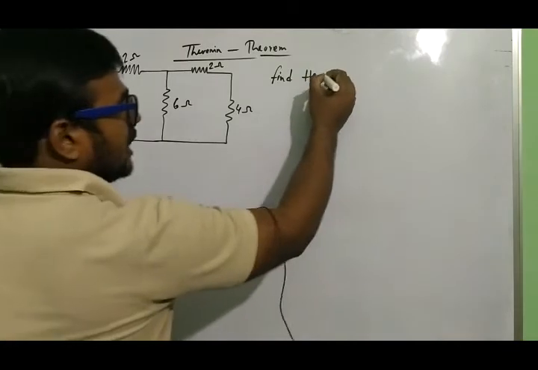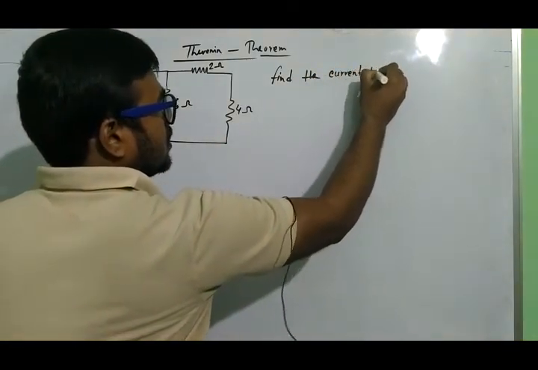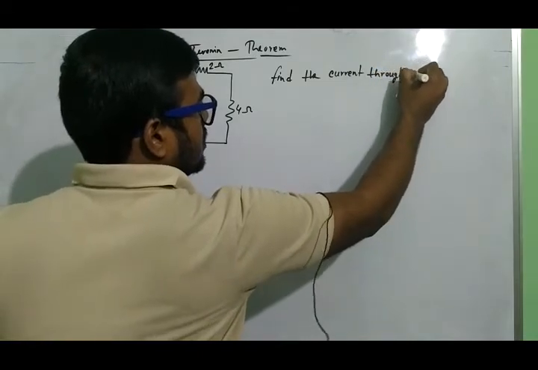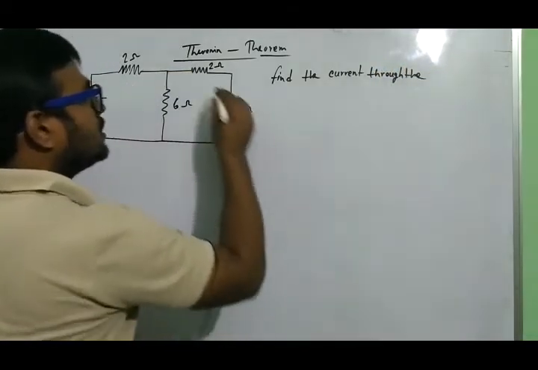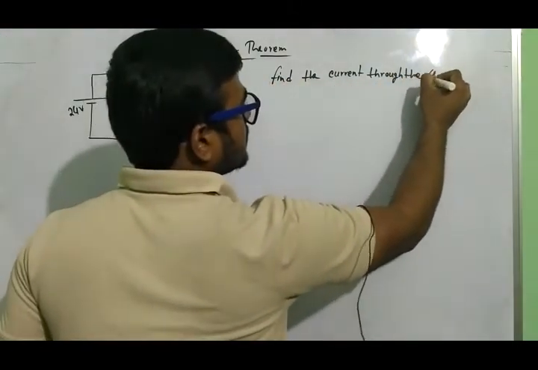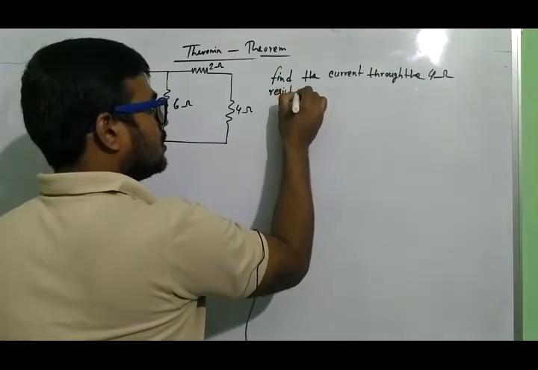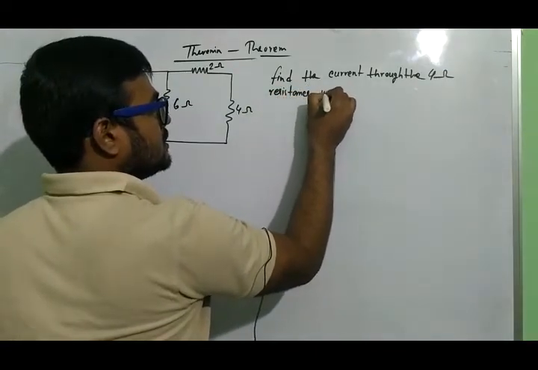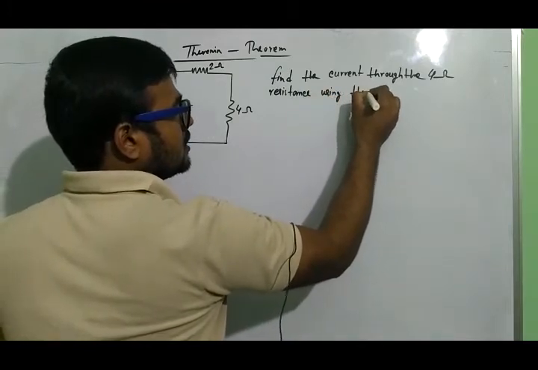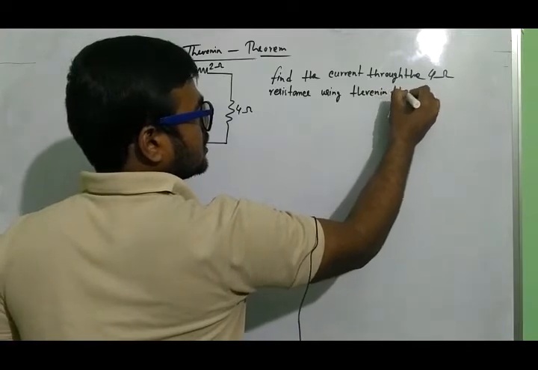Okay, so find the current through the 4 ohm resistance using Thevenin theorem.